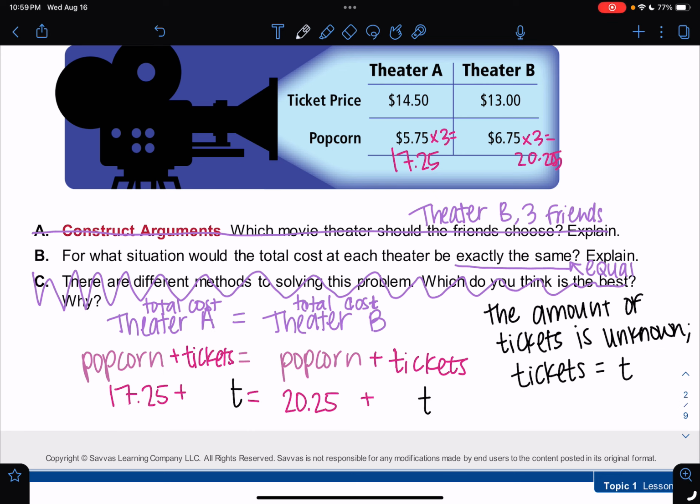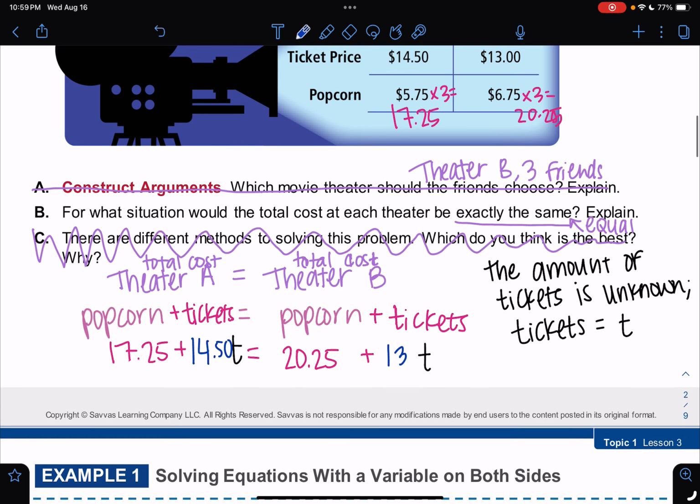So theater A costs $14.50, while theater B costs $13. Okay, and now we have set up our equation. So then all we have to do is go ahead and solve it now.